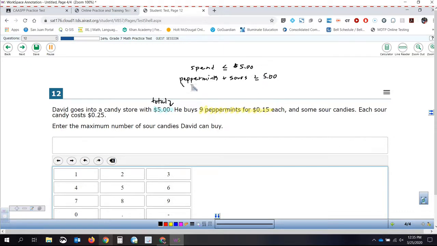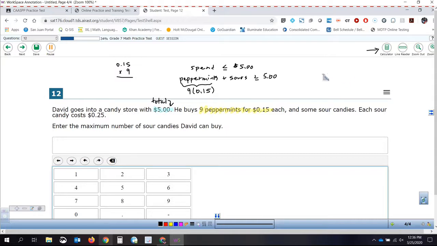So how much is he spending on peppermints? Well, he's buying 9 peppermints at 15 cents each, which means we are going to multiply 9 times 15. All right, so here we go. 0.15 times 9. 9 times 5 is, oh my goodness, I just looked over here, and what did they let us use?